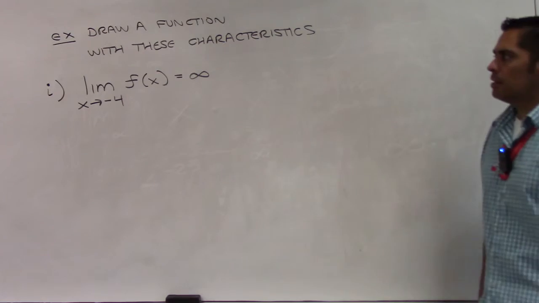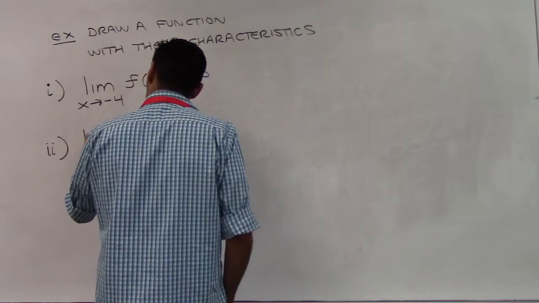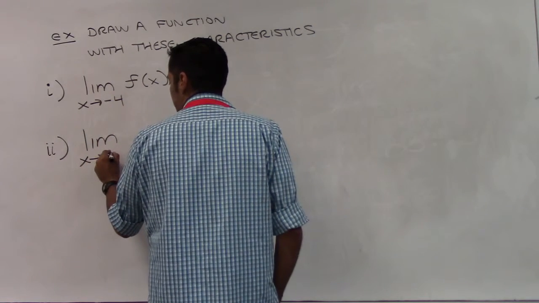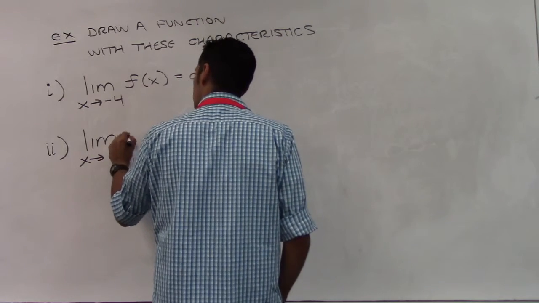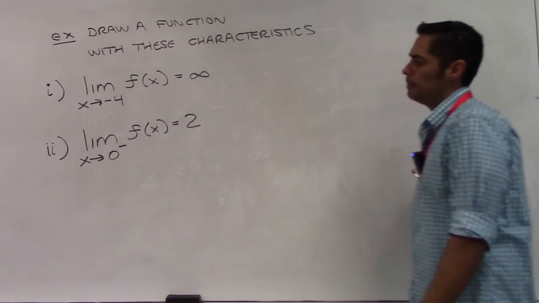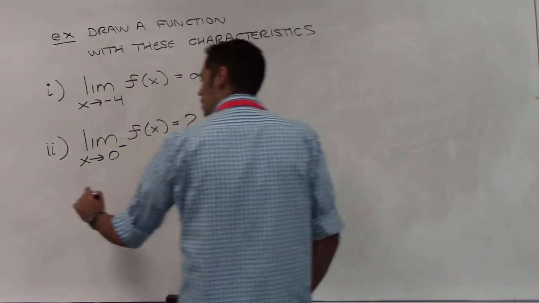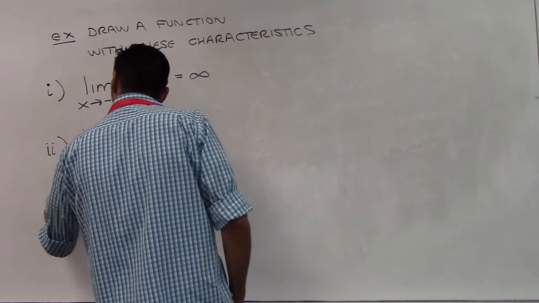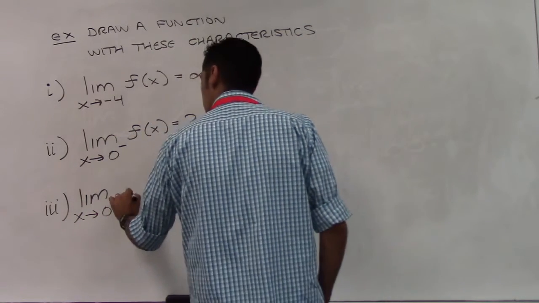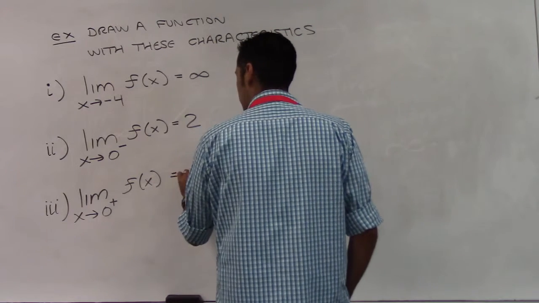Yeah. Okay. I also want the limit as x approaches 0 from the left of the function to be 2. I want the limit as x approaches 0 from the right of the function to be equal to -infinity.